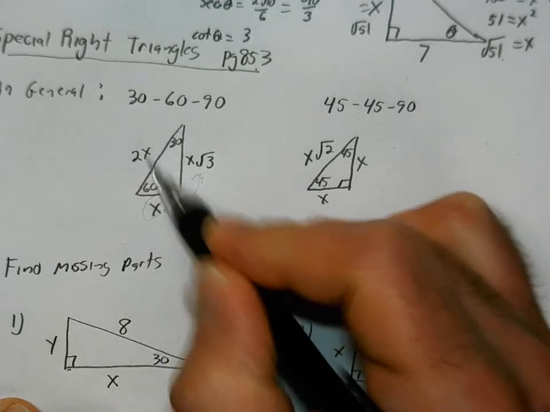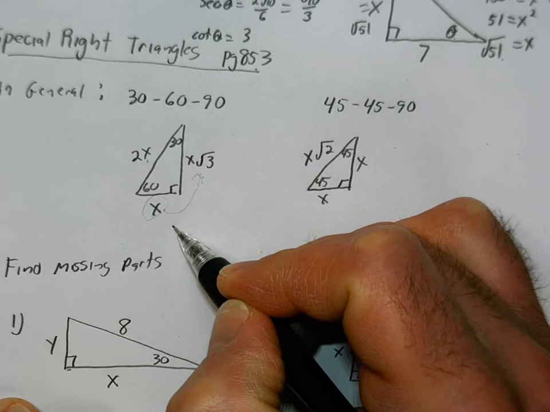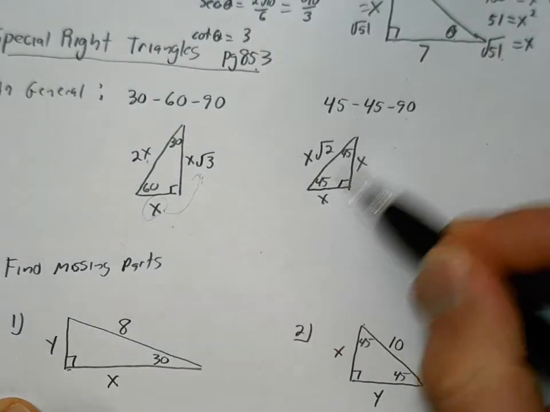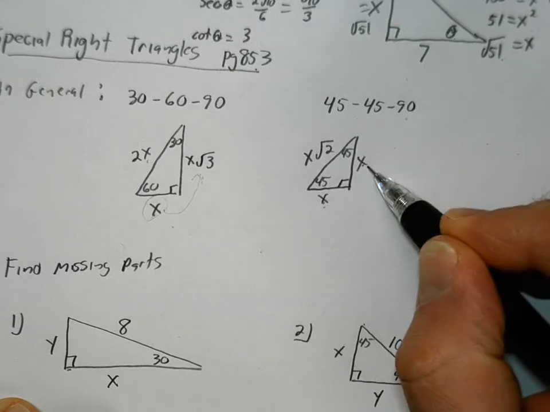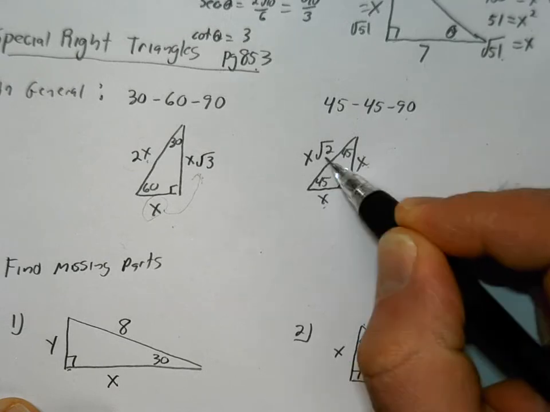And the hypotenuse is twice as long as the short leg. That's how that one relates. 45-45-90 is an isosceles triangle, which means the 2 legs are the same, and the hypotenuse is whatever the leg is times the square root of 2.